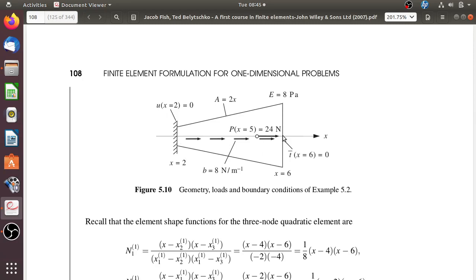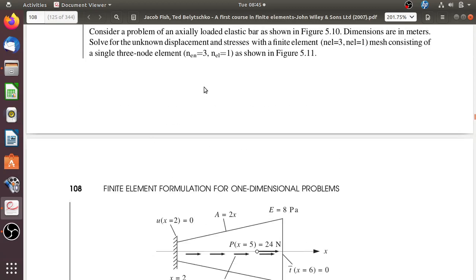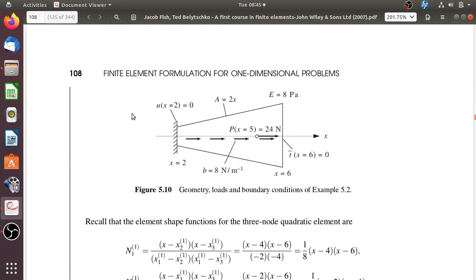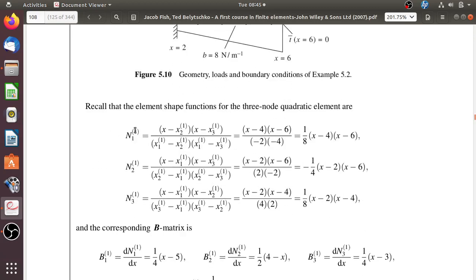Now I have to come up with a shape function. I have to assume how u is going to vary along x. Since we are going to consider this element as a 3-noded element, I will have to assume the appropriate shape functions for that element, which are N1, N2 and N3.